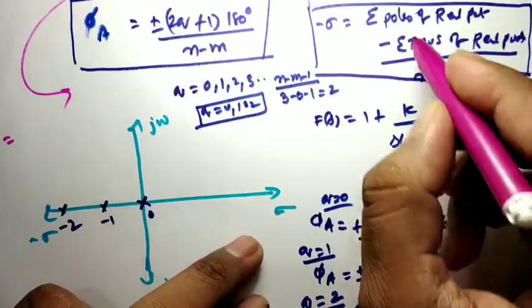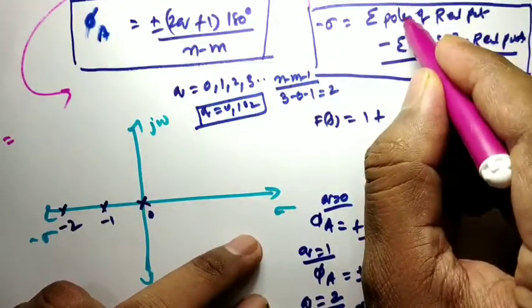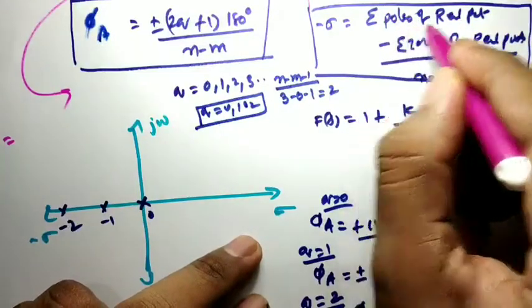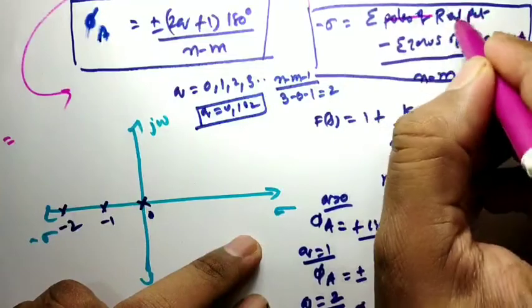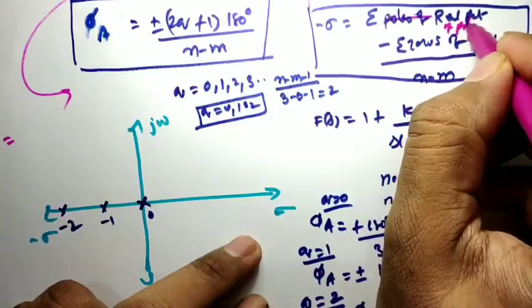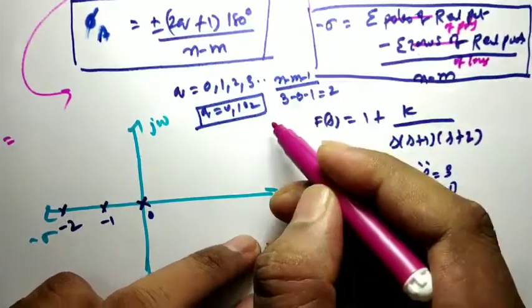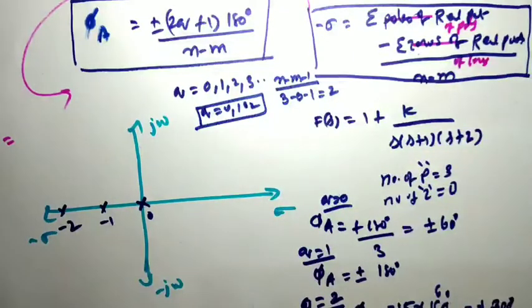So here, real part of poles we are going to find, and here real part of zeros. Okay, so I'm going to take another sheet.